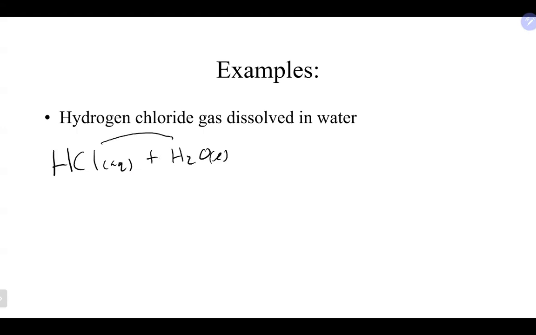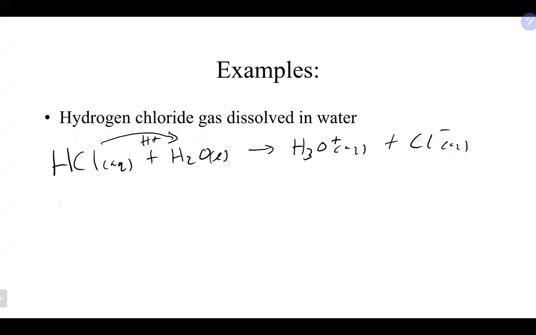In this case, the H plus is going to go over to the water. And the result is you will make H3O plus and Cl minus in this reaction. This is really showing hydrochloric acid in a solution as it's breaking apart.